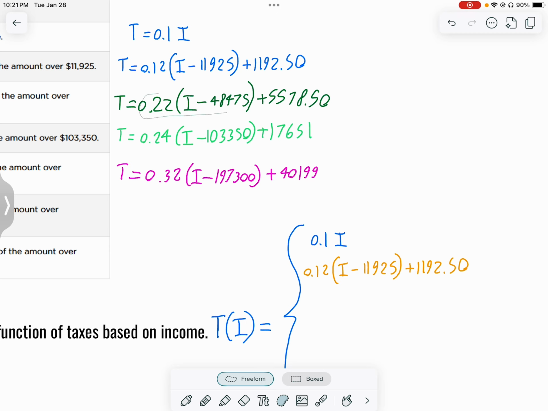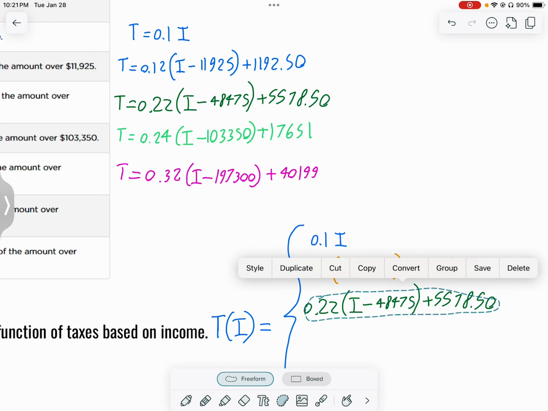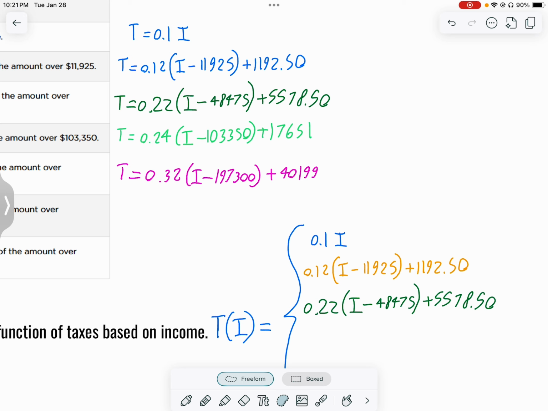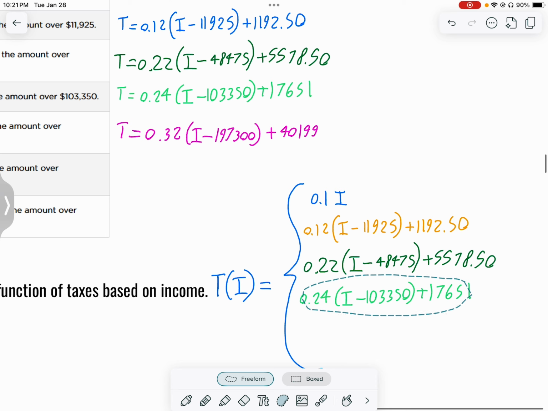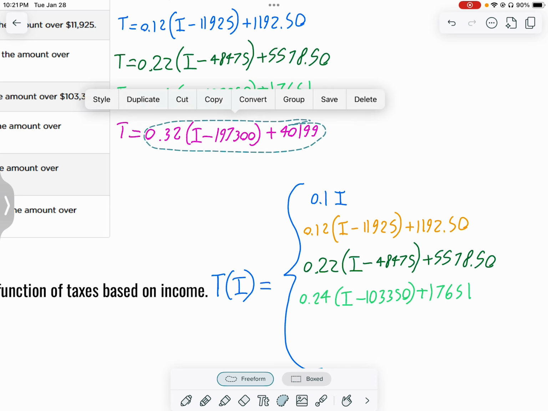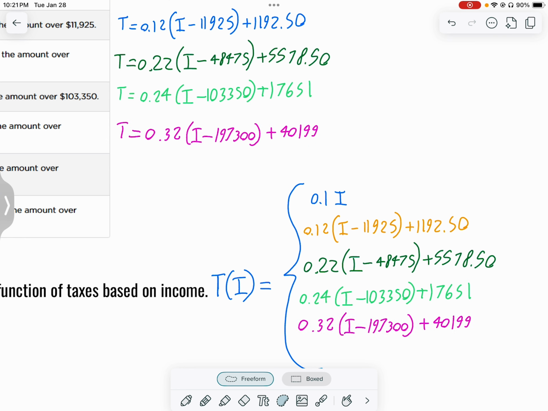Missed it. Okay, that's 3. Take this one, duplicate, and bring it down here. Okay, next one, duplicate, bring it down here.